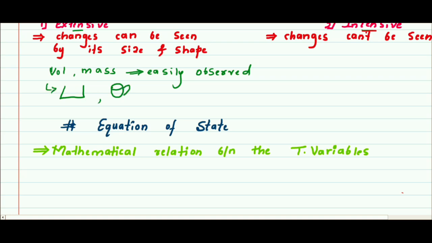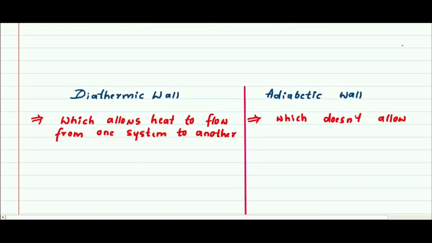We can easily find out that this is a large quantity and this is a small quantity. But an intensive state variable, such as pressure and temperature, we can't see; we can't find the changes that are going to take place in that system. So these are of two types: extensive, where we can see the changes, and intensive, where we can't see the changes that take place in the thermodynamic system.